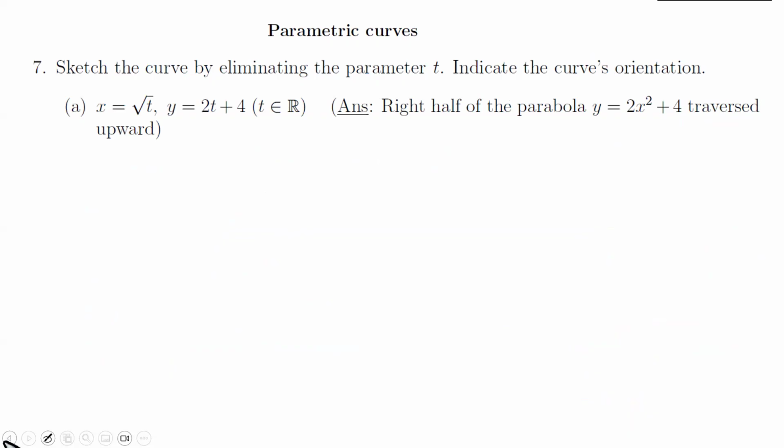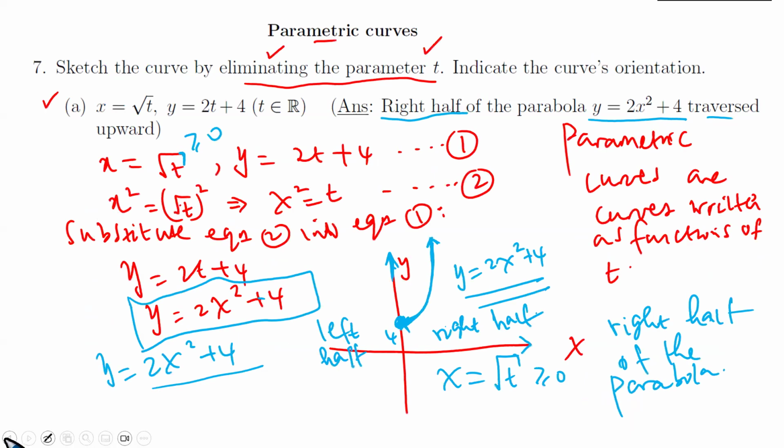There's something I want to say about this. As said already, it is actually traversed upward because x would start from the origin. So x is going to be greater or equal to 0. So also, it becomes necessary to put an arrow on the curve.